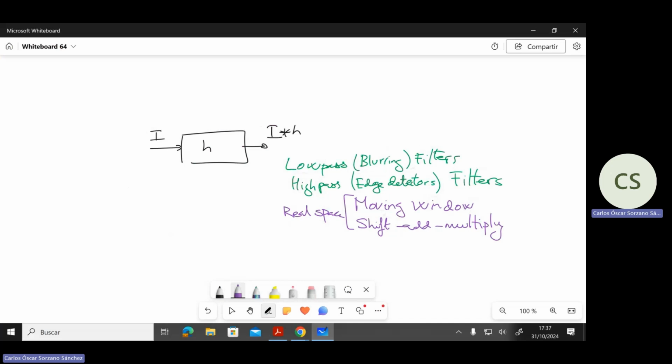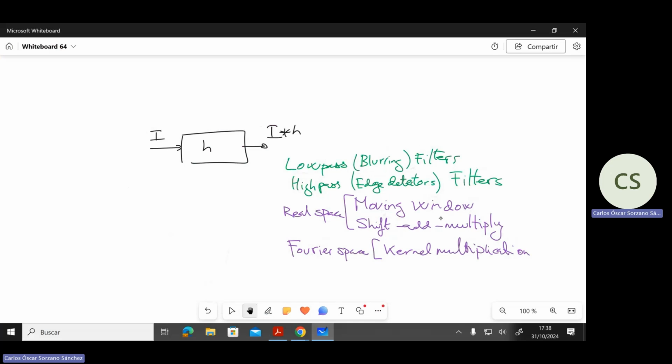So today we will see how to do the same operation but not in real space, in Fourier space. And we will call it kernel multiplication. We will exploit a property of the Fourier space.